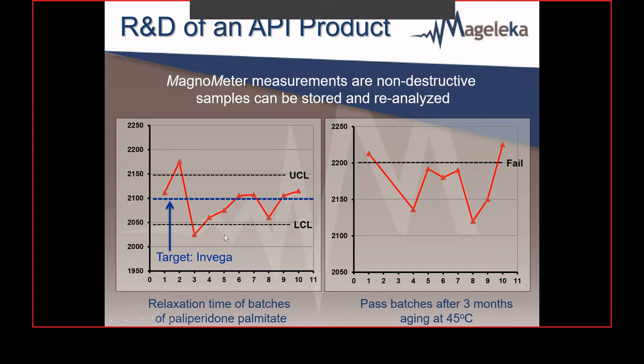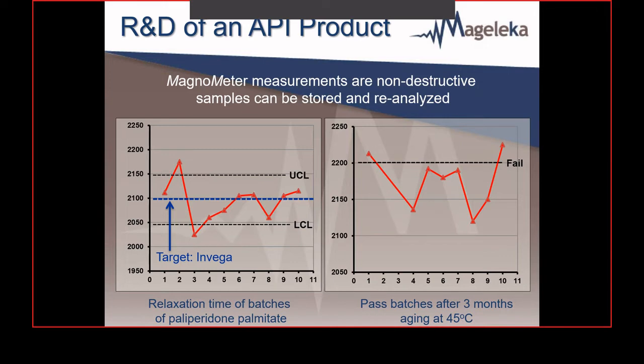Now, since the measurement is non-invasive, what you could do is take these samples and wait a period of time. When you submit an NDA to the FDA, they have to be tested also in compliance with an applicable International Conference on Harmonisation guideline, such as storage at 45 degrees Celsius for 3 months at a known relative humidity.